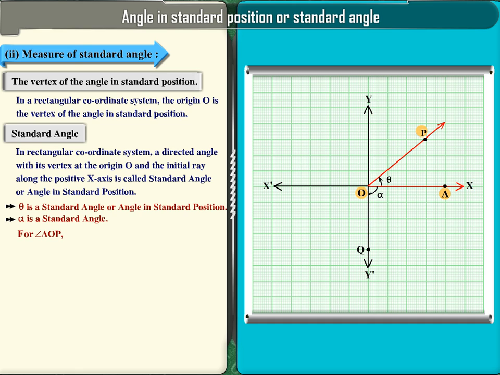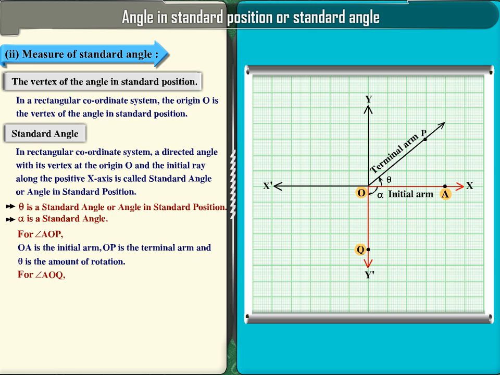For angle AOP in the figure here, you can see that the initial arm OA rotates about the point O in anti-clockwise direction to attain the position of ray OP. Here, ray OP is the terminal arm and theta is the amount of rotation.